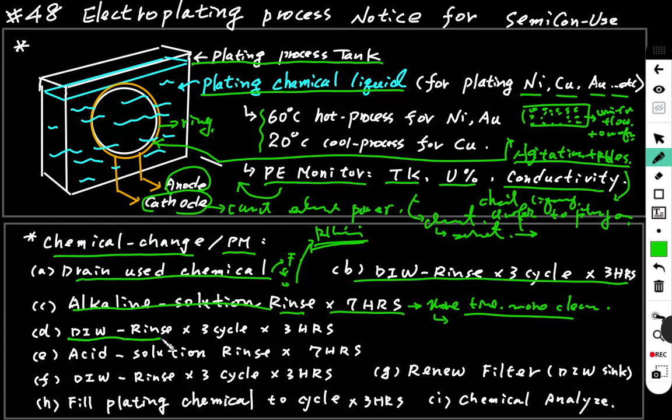Then use the DI water to rinse for 3 cycles for 3 hours. Then use the acid solution to rinse the tank for 7 hours. The same: the more time, the better.